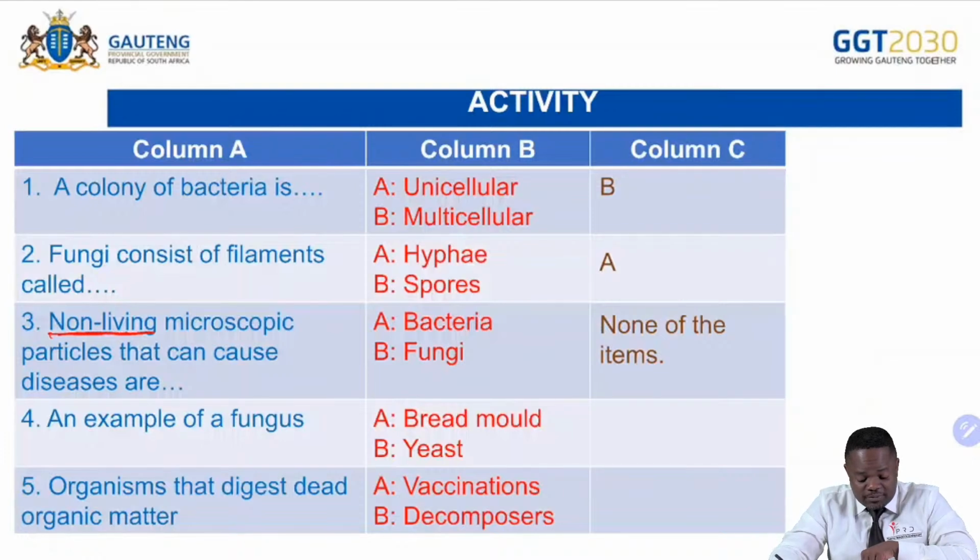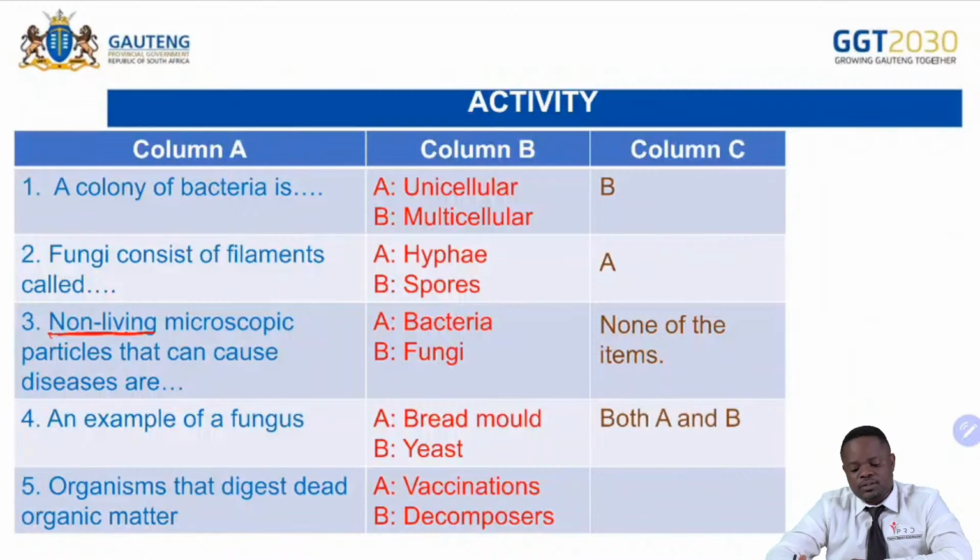They are called the viruses, which we said can be classified as non-living microorganisms. All right, then an example of a fungus, we have the bread mold and the yeast, and I'm sure you're able to identify that it is actually both A and B.